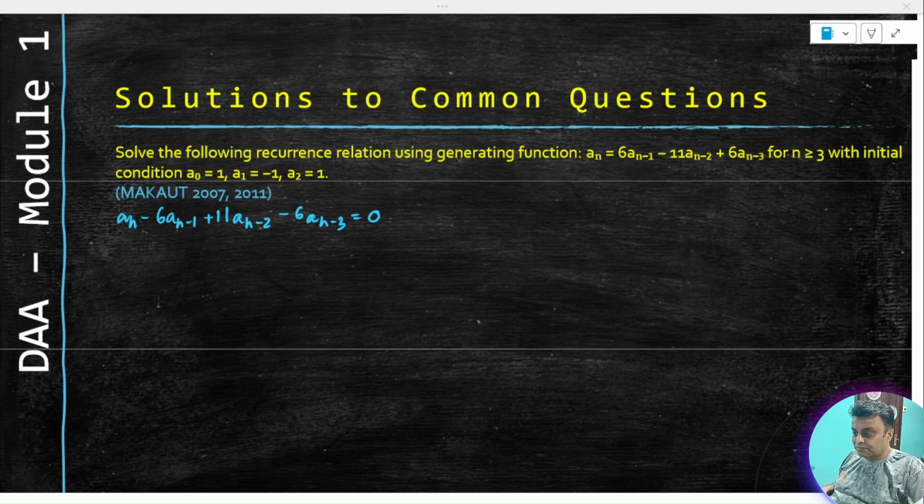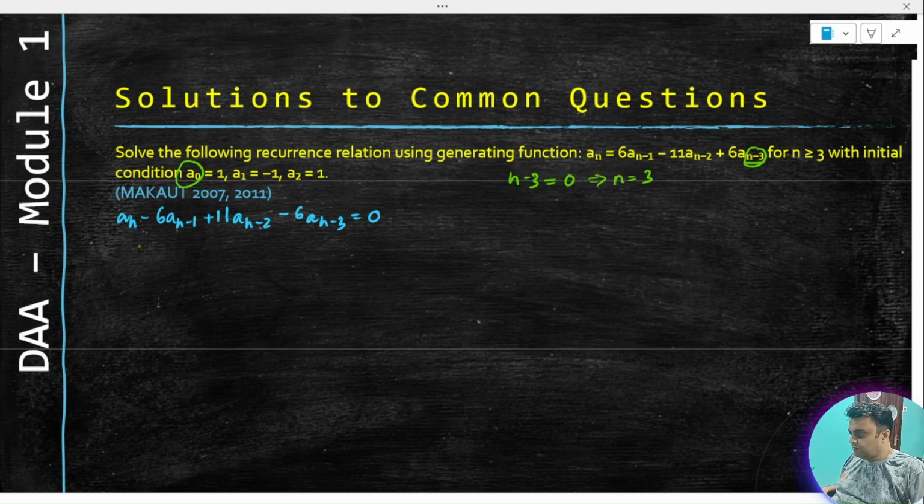The lowest suffix is n minus 3, and this has to be equal to 0, which means that n has to be equal to 3. So when you take the sigma, you will start n from 3 to infinity instead of 0 to infinity. That's why this is important.